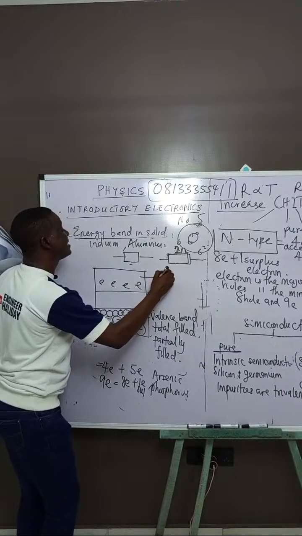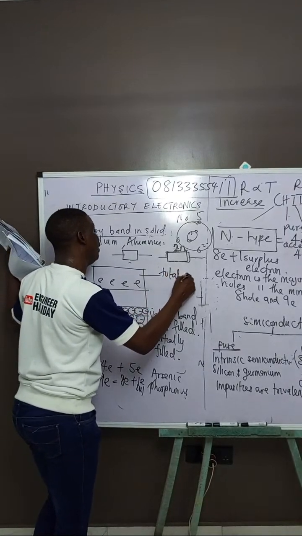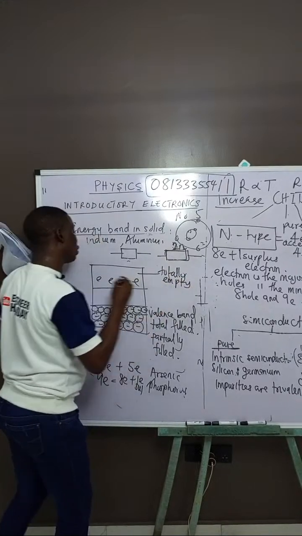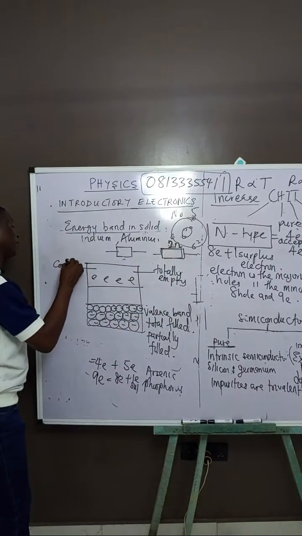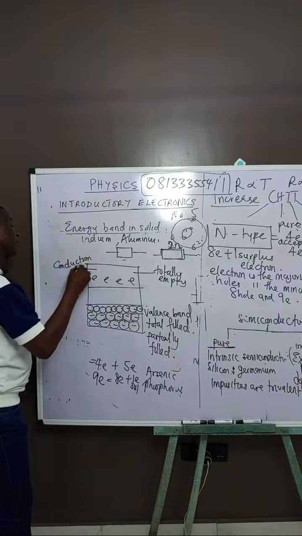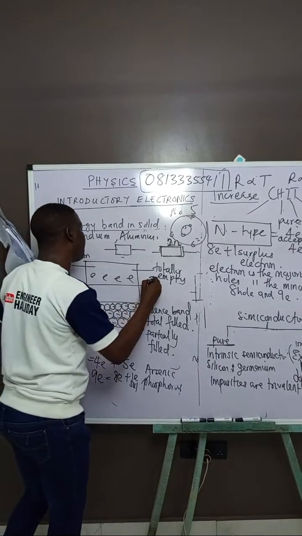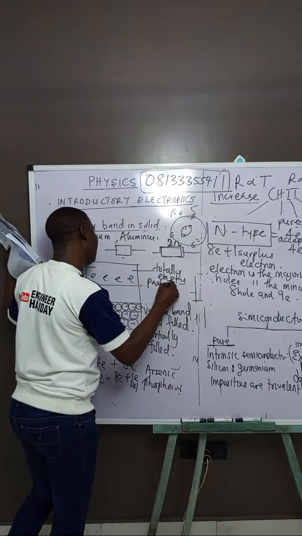Then the conduction band is either totally empty or partially empty.